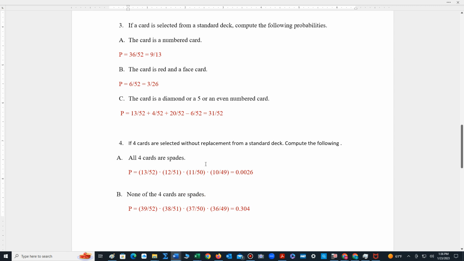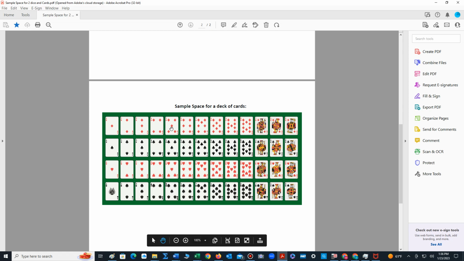And then part C, it's saying the card is a diamond or a 5 or an even numbered card. So when we say even numbered card, we're just thinking of the numbered cards only, the even of numbered cards. So first of all, the diamonds, there's 13 diamonds.